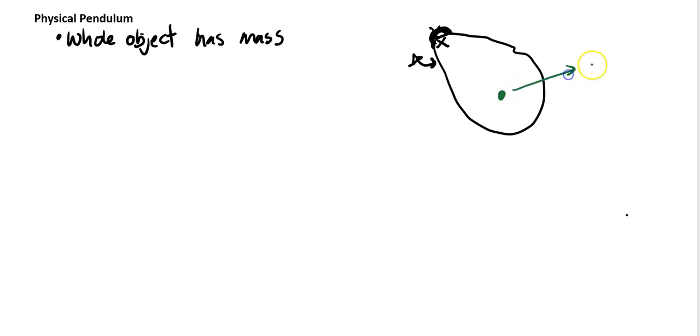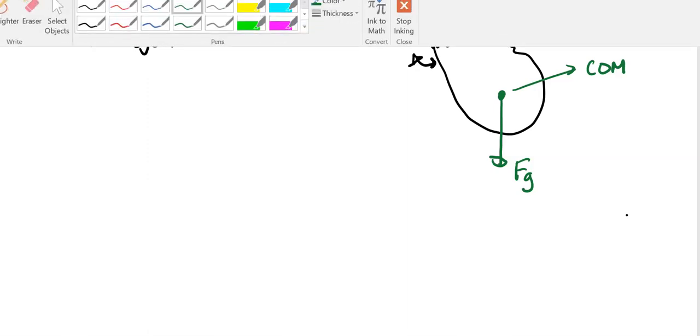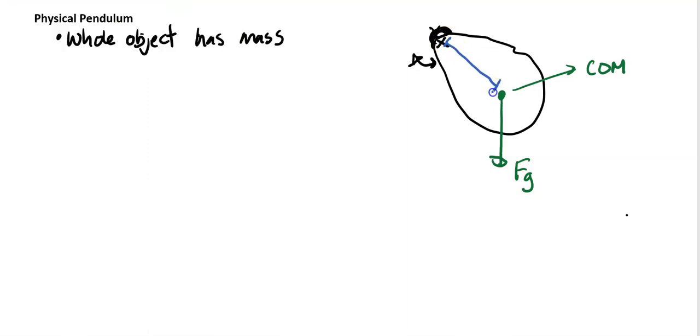So I'm going to label that the center of mass, and we say the force of gravity originates from the center of mass of that object. Another thing that we're going to come back to is d, which equals the distance from the pivot to the center of mass. So again, this thing is oscillating side to side.